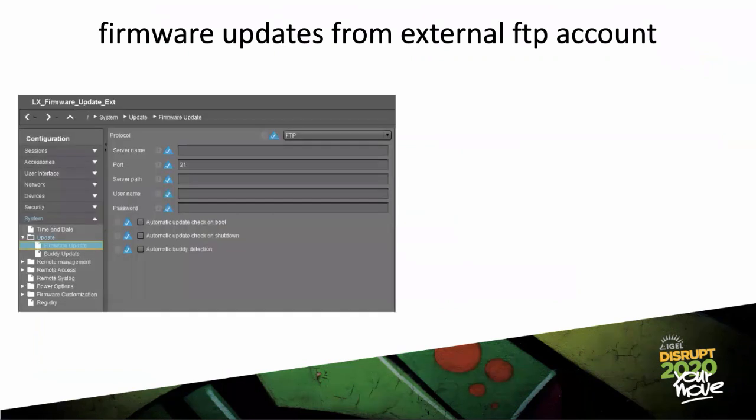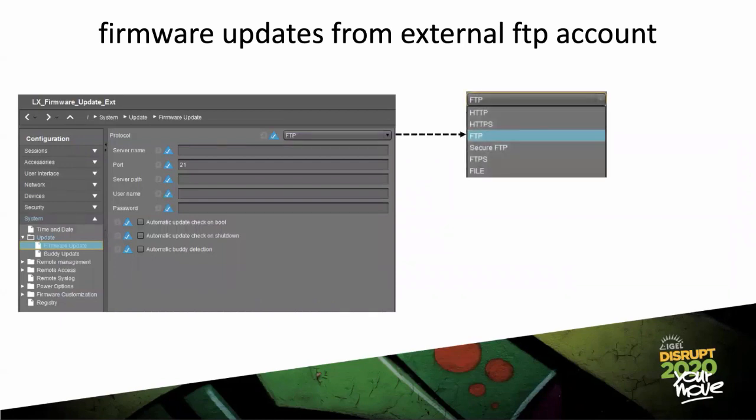So if you set up an FTP account, you go for a UMS profile in System, Update, Firmware Update, and you choose the protocol FTP. Of course, provide server name, port, the path, username and password for the account used to log into FTP. And depending on how you want to upgrade, check the box for automatic update on boot or on shutdown.